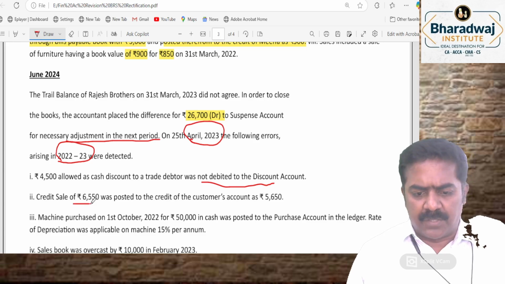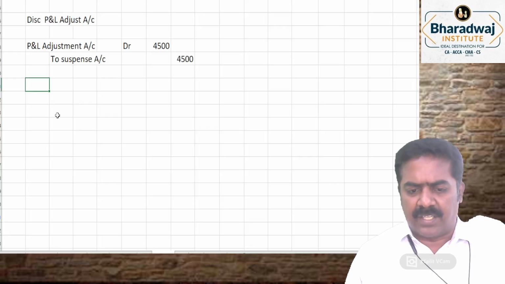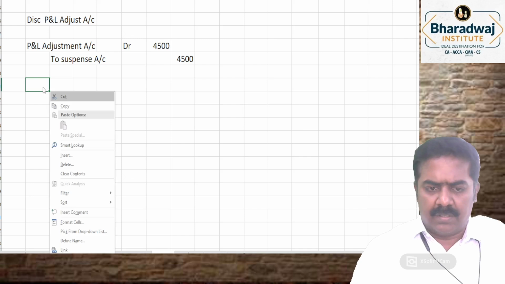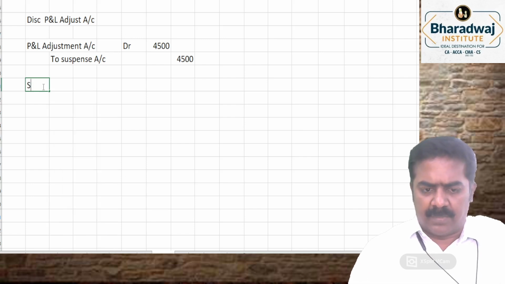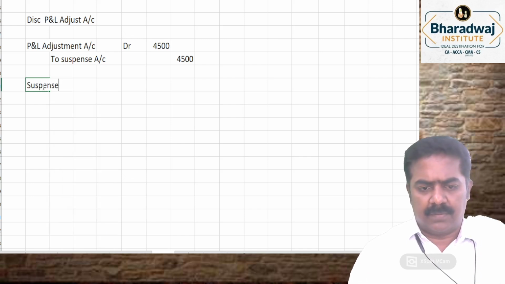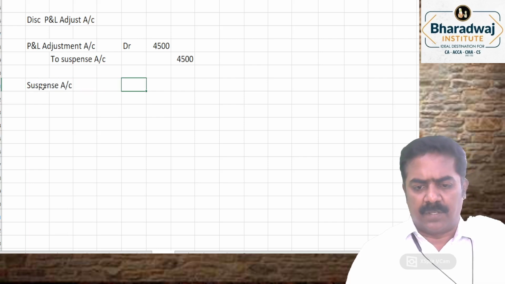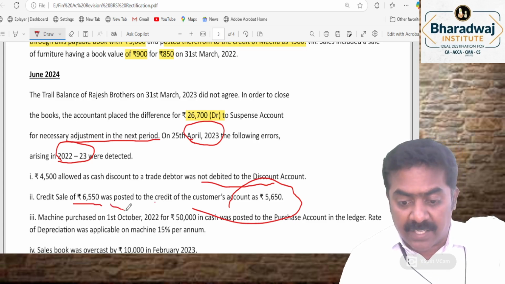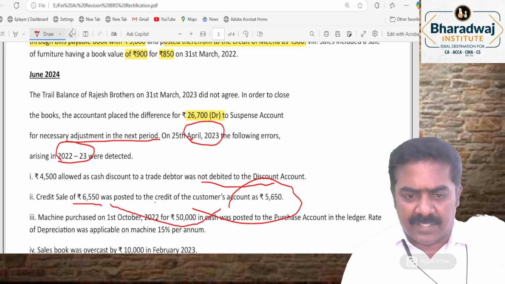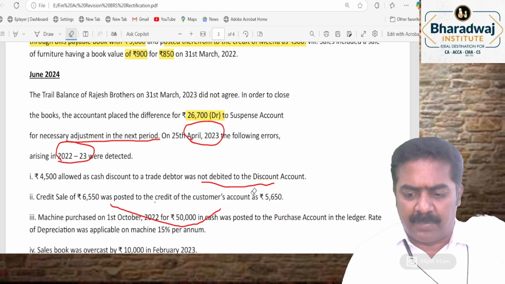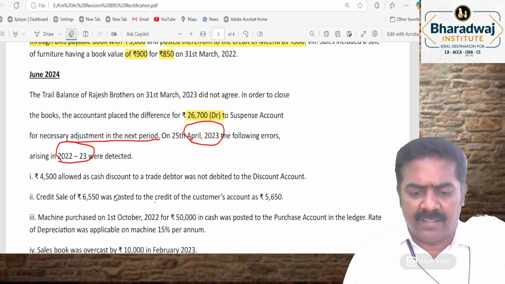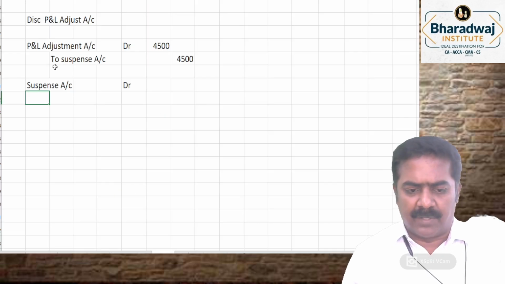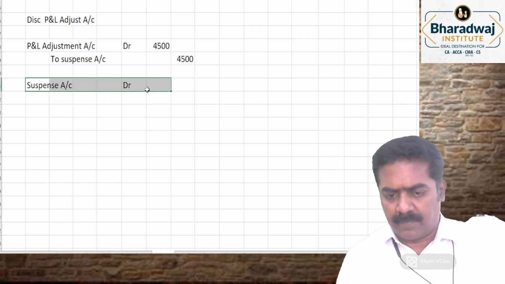Credit sale 6,550 was not posted in the customer account. Mistake is only in the customer account. It was posted in the credit of customer's account. Actually, I should have debited the customer account, but we wrongly credited it.